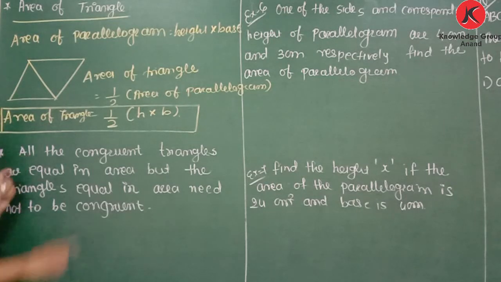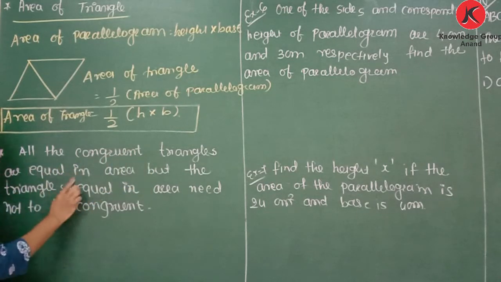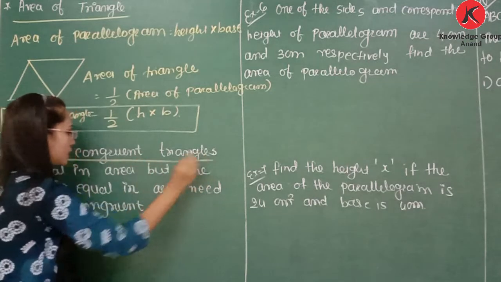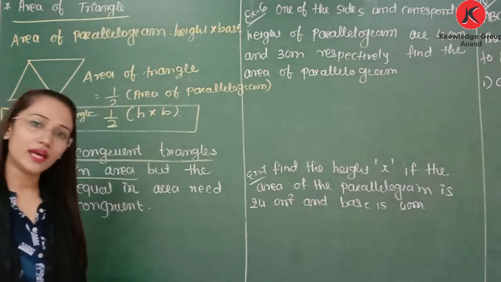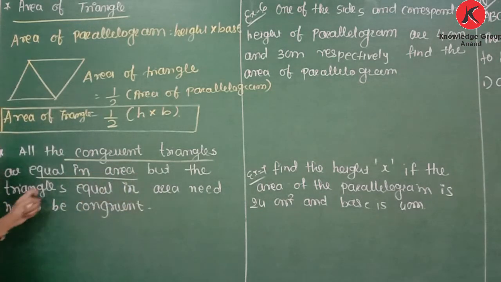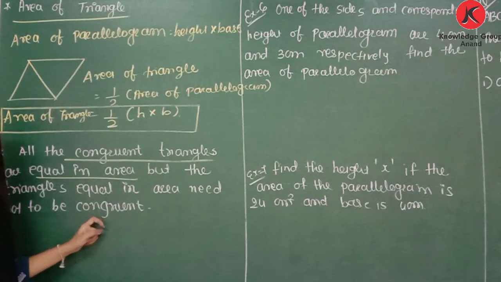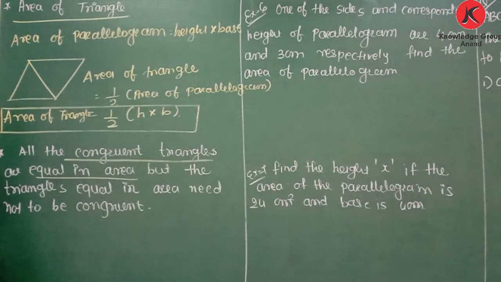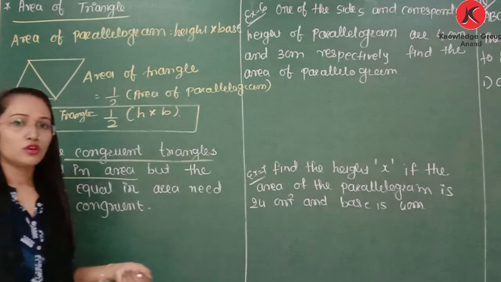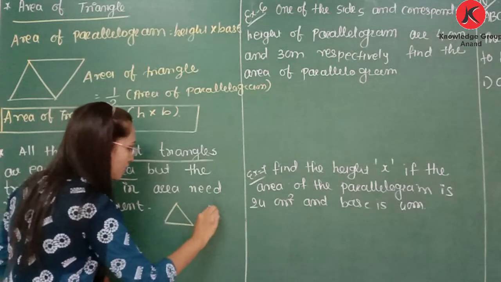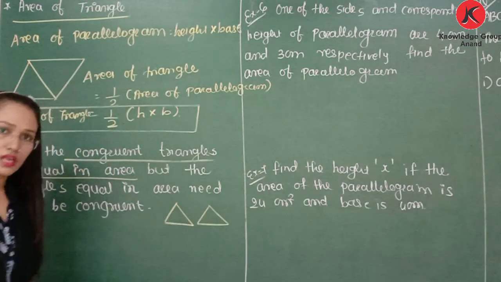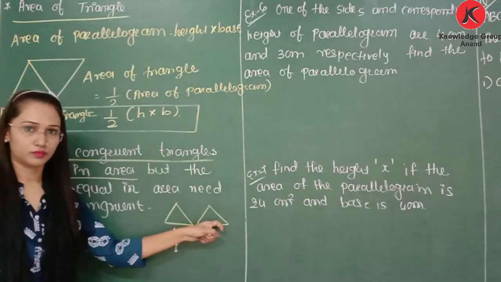Now what you need to remember is that all congruent triangles are equal in area. Congruent triangles being equal in area means if two triangles are the same, then their areas are the same. But if triangles have an equal area, then they need not be congruent. If the areas are the same, it is not necessary that they are congruent. For example, if we draw these two triangles, you can see the triangles are the same, so their areas are also the same.